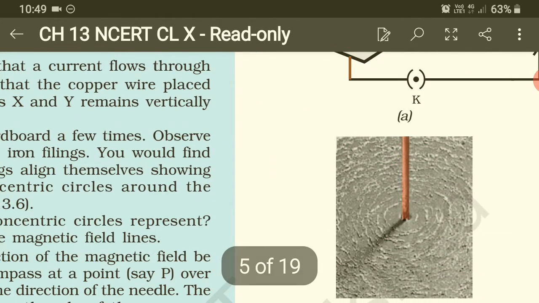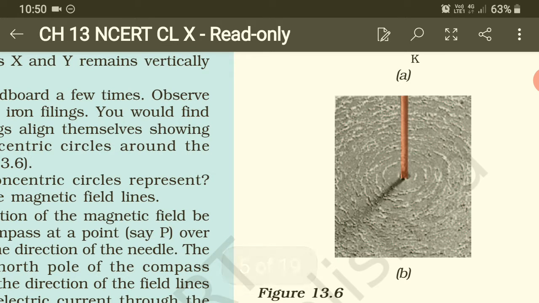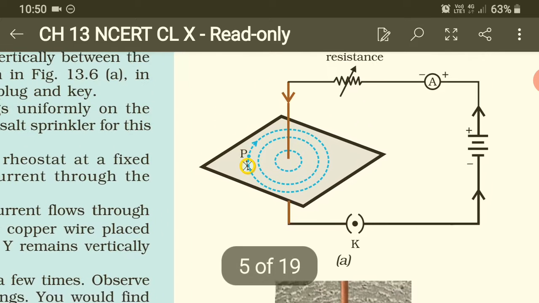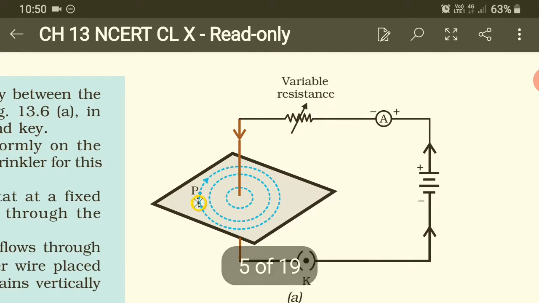We see that the pattern is the same as that around the bar magnet. In figure B you can see this. Now suppose we don't have iron filings, then how can we measure the amount of magnetic field around this straight wire? Yes, you are right. With the help of a magnetic compass also we can measure the strength of the magnetic field.